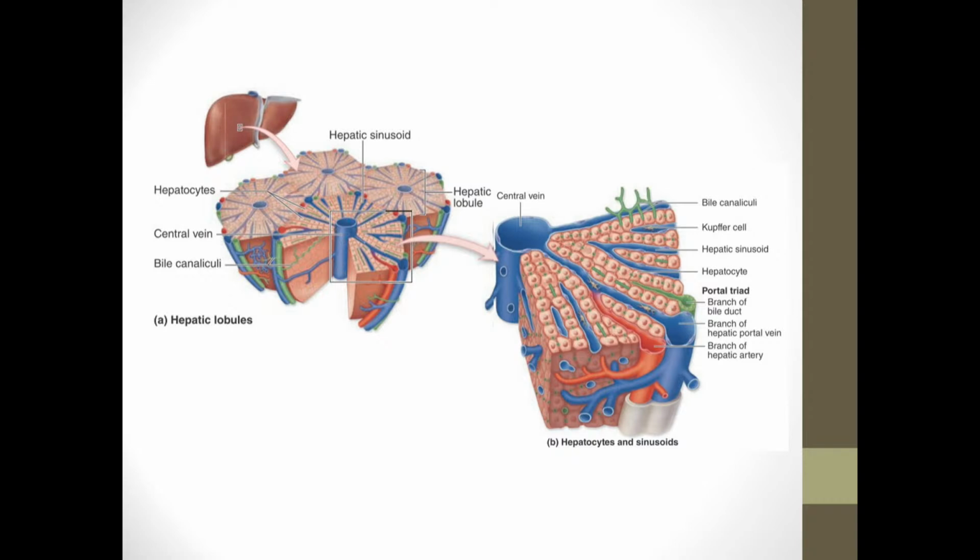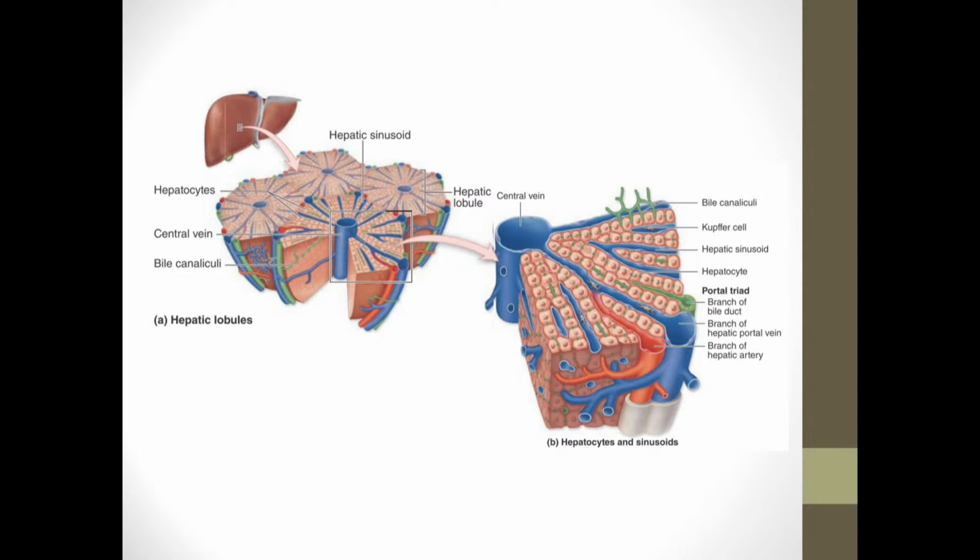The liver cells are hepatocytes, and I'll show the ultrastructure of the cell later. Hepatocytes form plates, and these plates form the lobule. You can see the arrangement of these plates around the central vein.